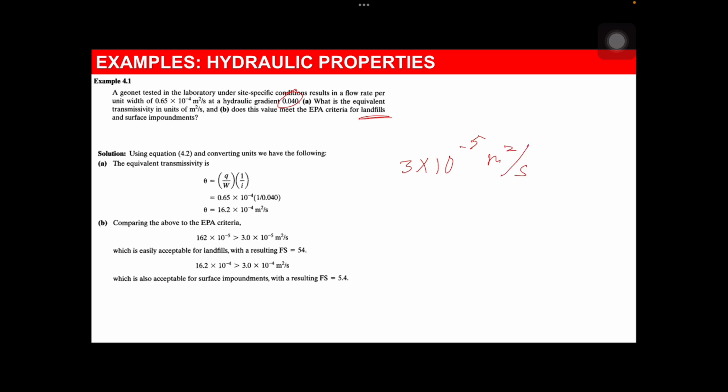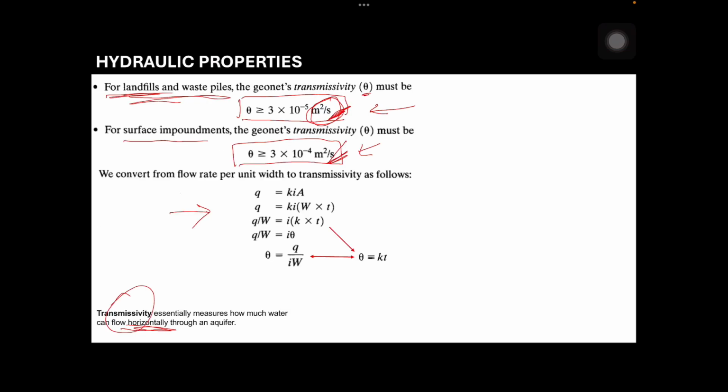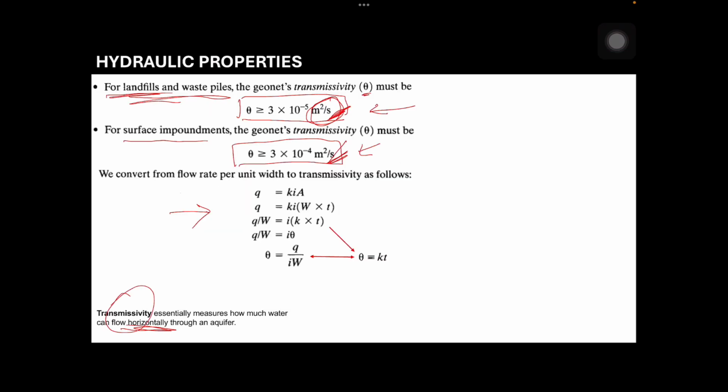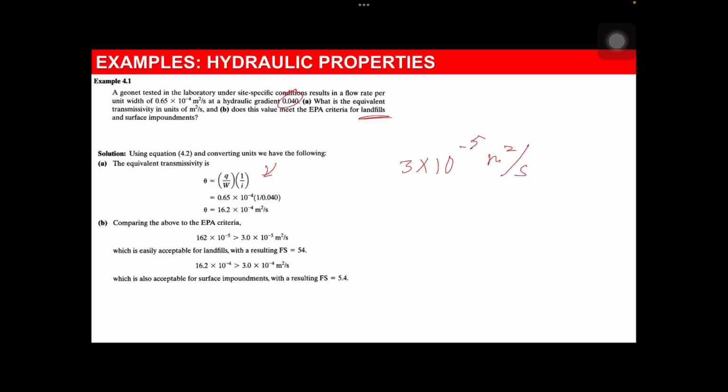So, we have this equation from this nakuha natin. So, we can use this one. So, substituting yung mga values, we get yung flow, transmissivity value na ito.